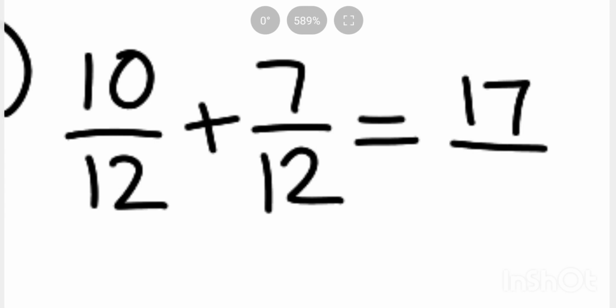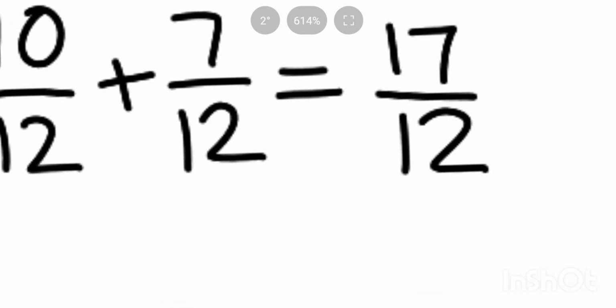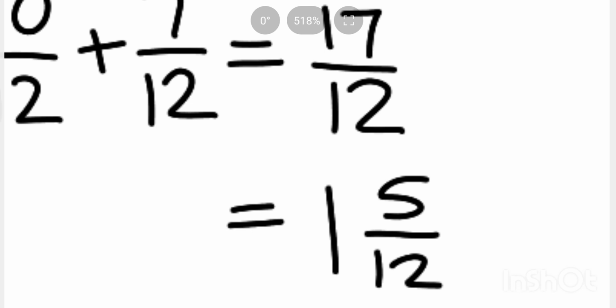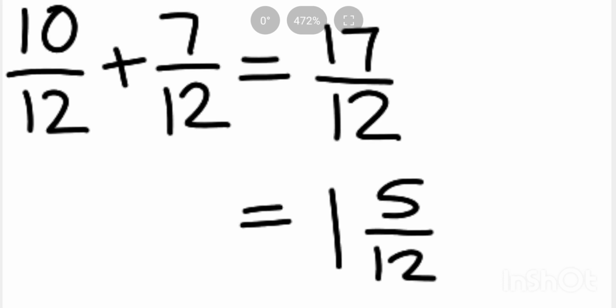And then the denominator is 12. That as a mixed number would be 1 and 5/12, because 17 divide 12 is 1, remainder 5, and then the denominator is 12 anyway. Question 18.